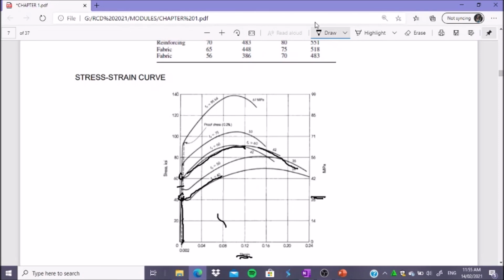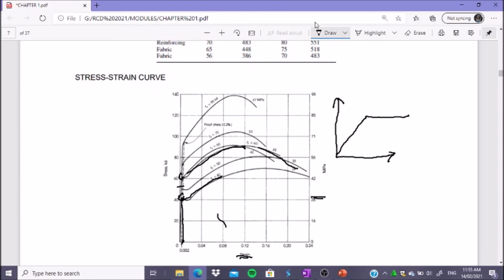Actually, in strength of materials, there are important properties worth revisiting. For steel, this is the stress strain curve. You will see this when you take up strength of materials. This is the stress strain diagram.